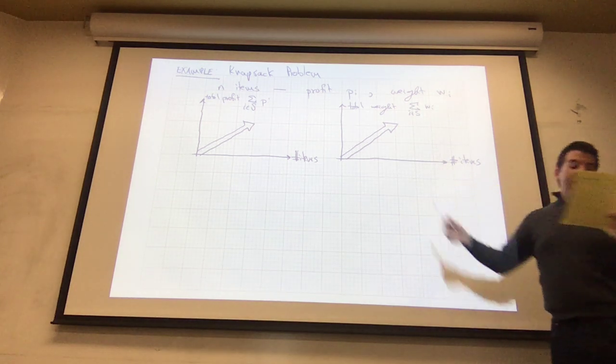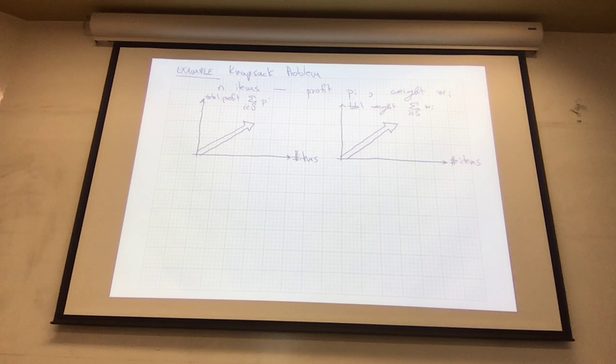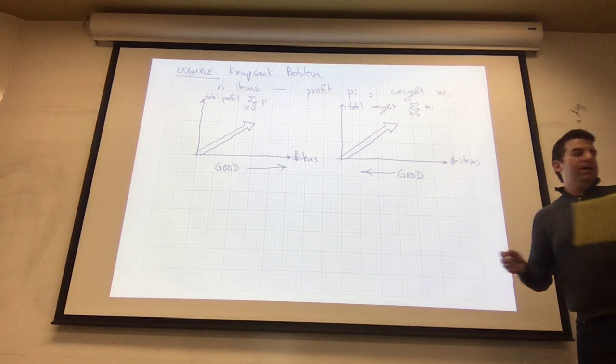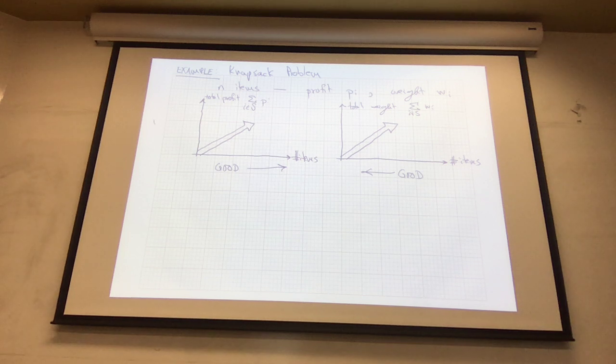But in the case of weight, it is better to move toward the origin. In the case of profit, it is better to move away from the origin. So I would like to maximize profit, but I would like to minimize weight.